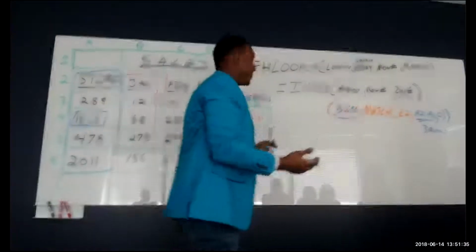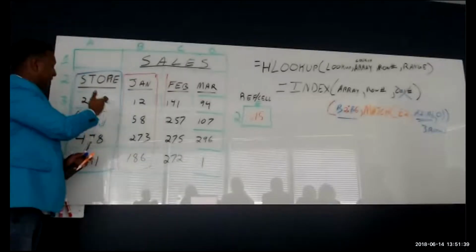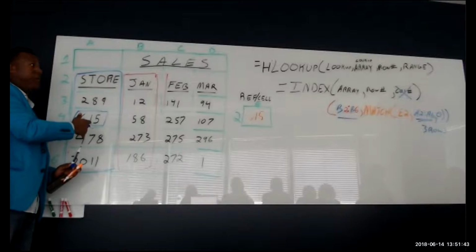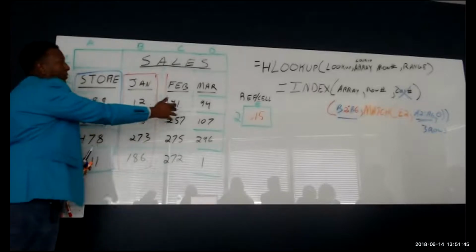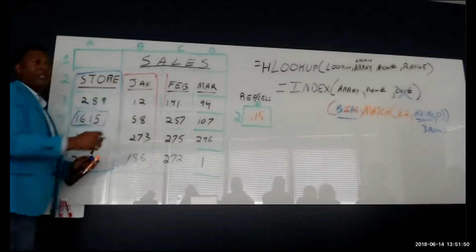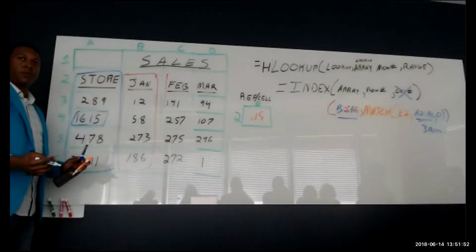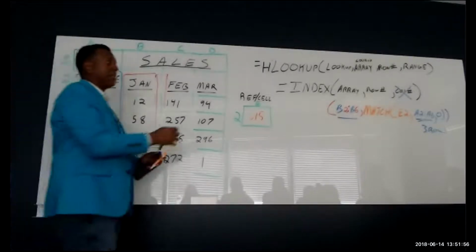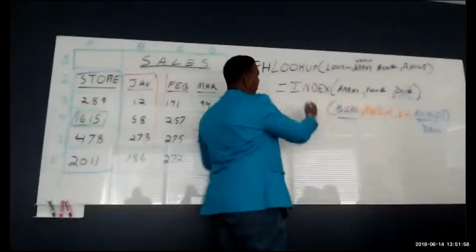So now I don't have to count anymore. I don't have to count how many rows down for an HLOOKUP, and I don't have to count how many columns over for a VLOOKUP because my MATCH formula did it for me. So that's how you use an INDEX MATCH. That's how you use it from a VLOOKUP standpoint.